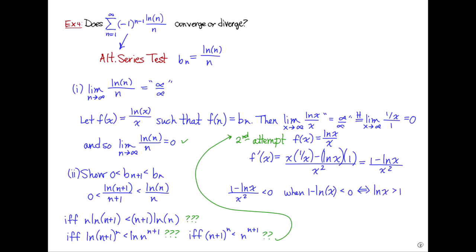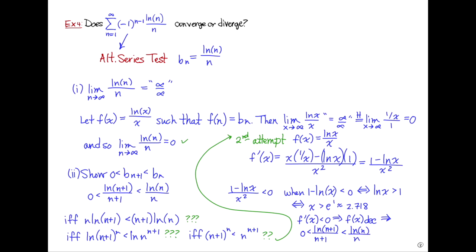And solving for x, we get that x is greater than e to the first power, which is about 2.718. Let's put that all together then. F prime of x is less than 0 tells us that f of x is decreasing, which tells us that 0 is less than the natural log of n plus 1 over n plus 1, less than the natural log of n over n.